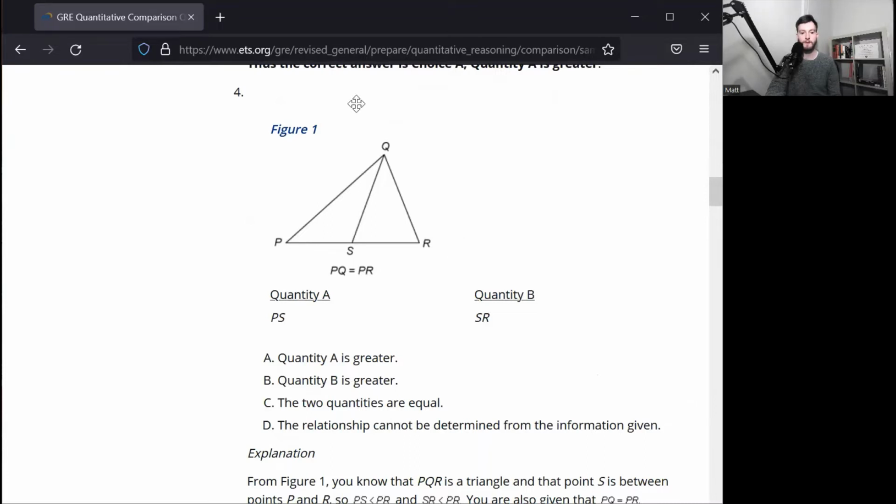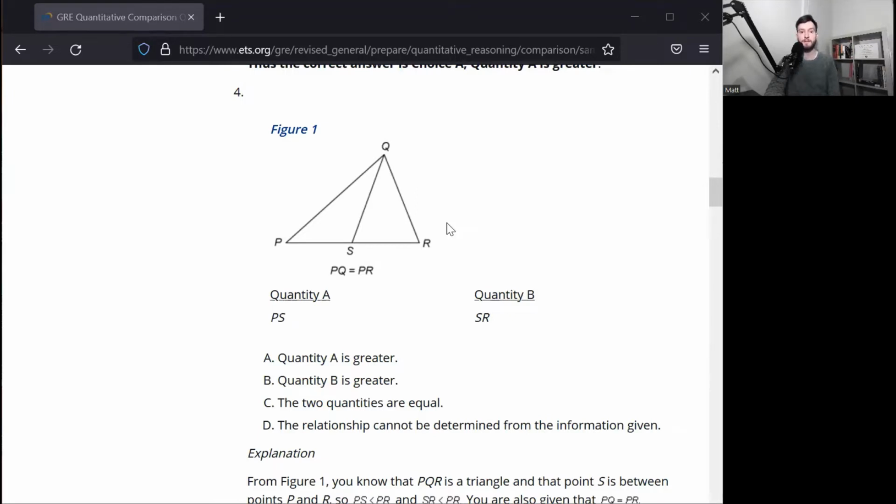Well, if they're equal, does that tell us much about the distance between P and S and the distance between S and R? Quantity A is this distance here, and quantity B is this distance here. No, it doesn't give us any information about these two lines. And that's why you just choose D.